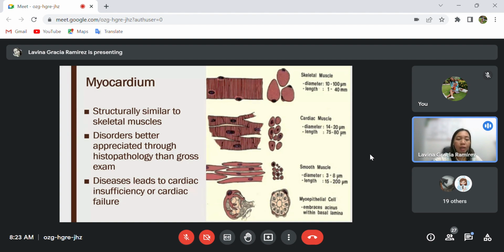Okay. So what else? Diseases lead to cardiac insufficiency or cardiac failure. I've just mentioned that everything that affects the circulation or the heart itself can lead to functional, systemic effects in the body. Napaka-importante.